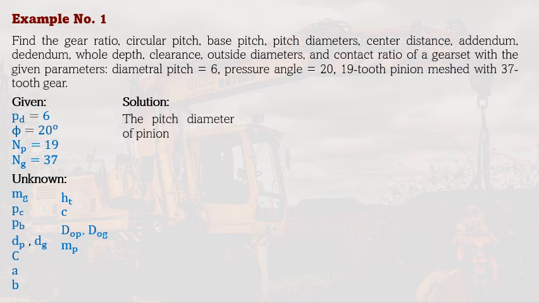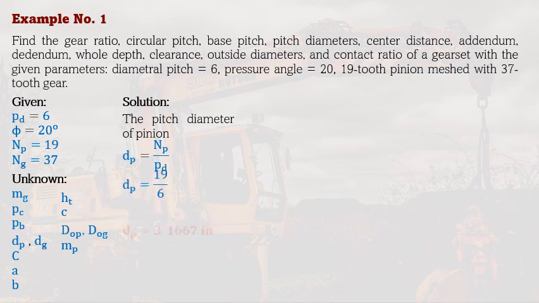Then we have the pitch diameter of the pinion. This is to draw the pitch circle. Since we have the pitch diameter, we can draw the pitch circle for the pinion, and that is just the number of teeth in the pinion divided by the diametral pitch.